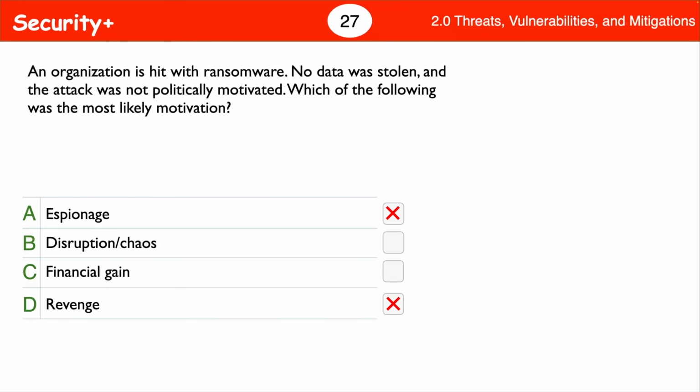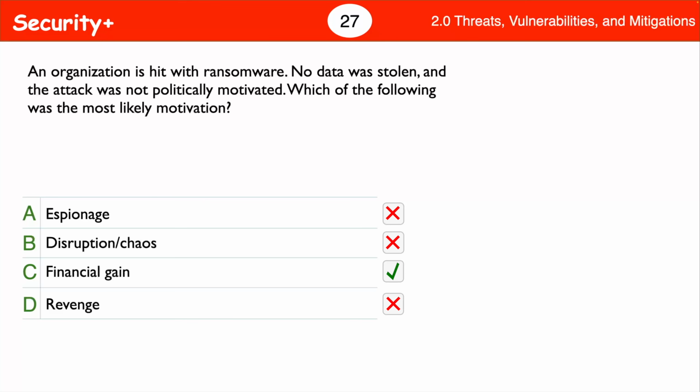However, the question states no data was stolen. Then finally, we can eliminate B, disruption / chaos. This involves purposely taking out a system or service to cause a disruption. There is a better answer though. The best answer is going to be C, financial gain.